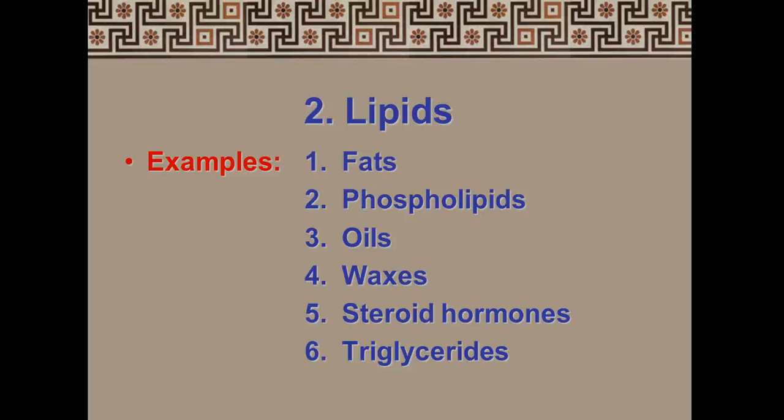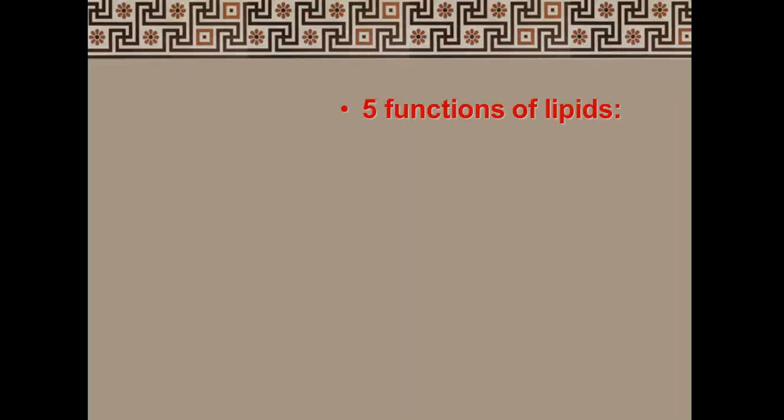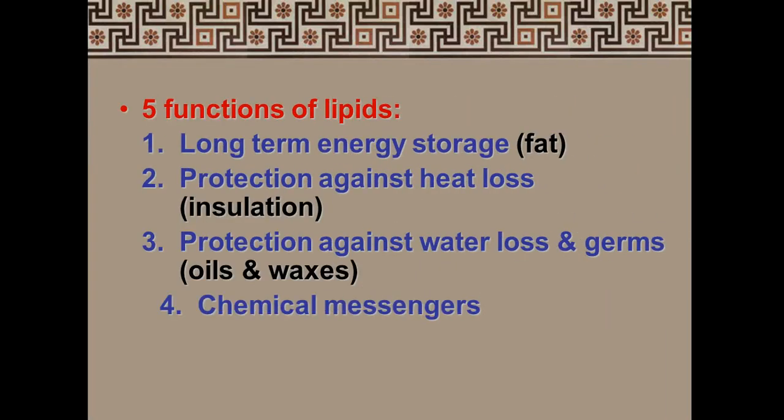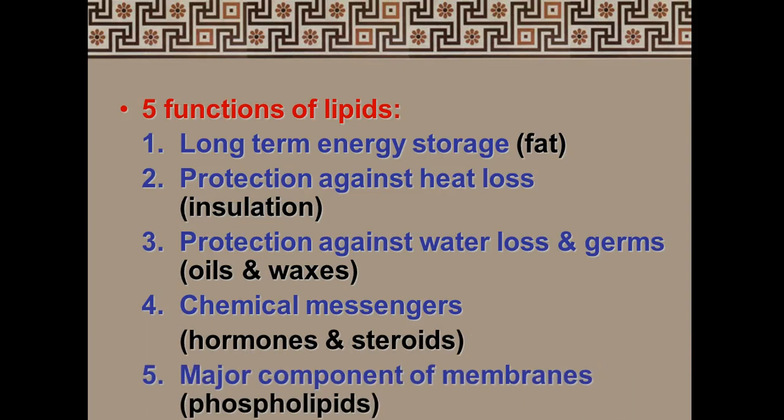Triglycerides, you've probably heard of them. They're a lipid. They have lots of functions, but I want you guys to remember the main function is long-term energy storage. They also provide some protection against heat loss, protection against water loss and germs. They're also chemical messengers, hormones and steroids, and they're a major component of membranes.